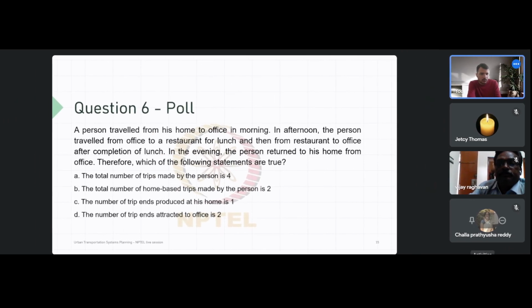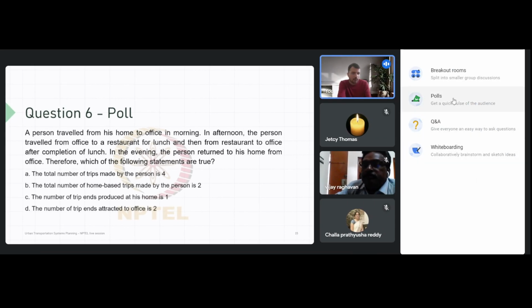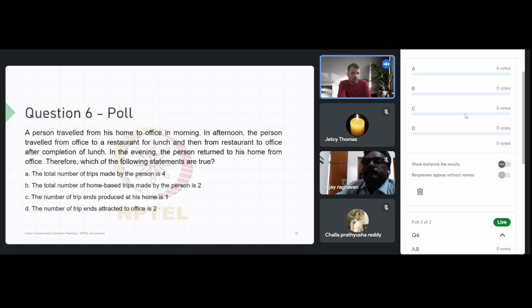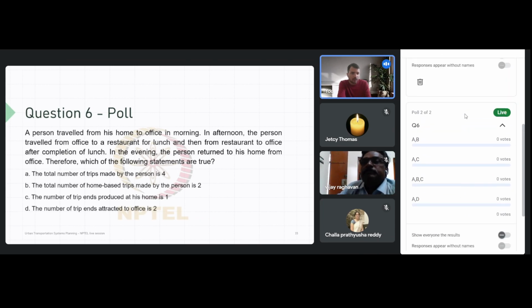So please, if you can see in the bottom right of your screen, there will be the icon like a triangle, square, and a circle icon, which is called activities. If you click on that, you can go in polls, and in that there will be the respective question. You can respond there.